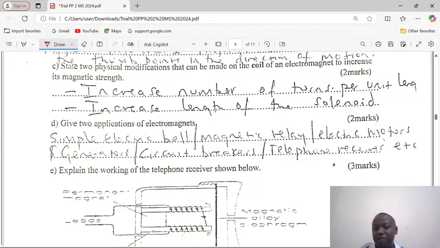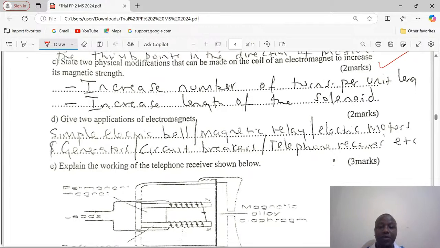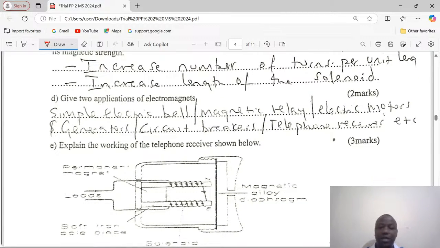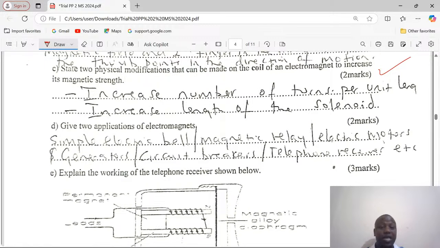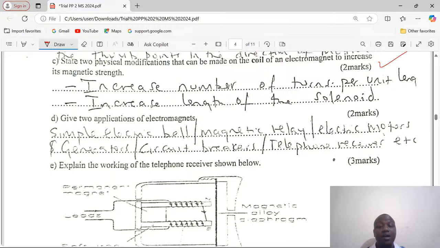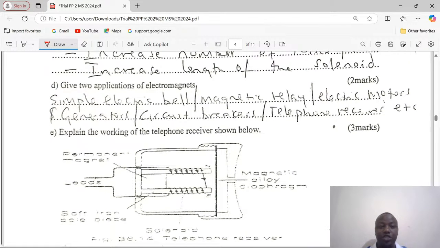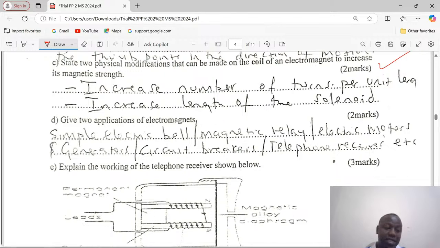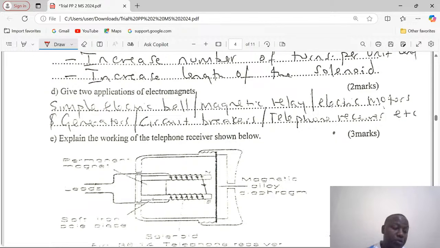The factors that increase the strength of the electromagnet are increasing the number of turns per unit length, increasing the length of the solenoid, and increasing the amount of current passing through the solenoid.